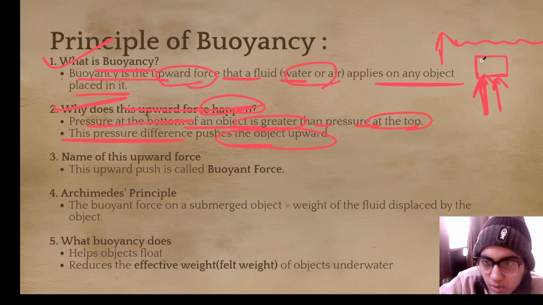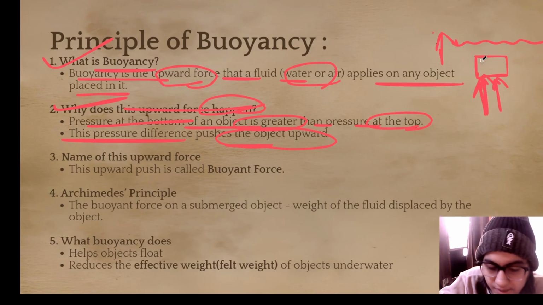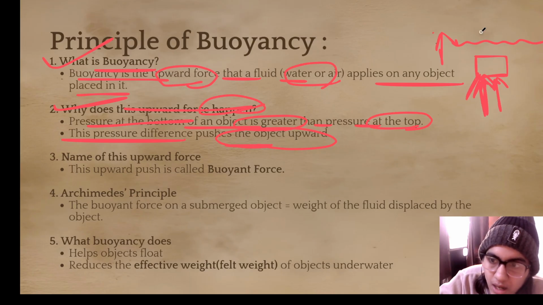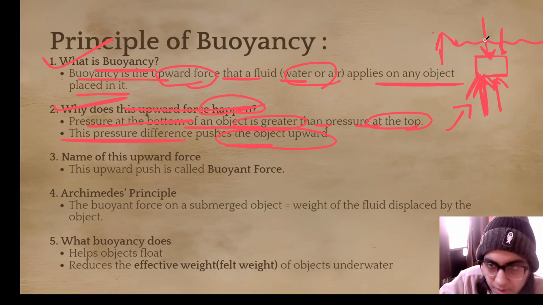So when you place this box inside the water, the water exerts pressure on it from below, and the water over the surface also exerts pressure, but the upward force is more than the downward force, so that's why the object moves upward.